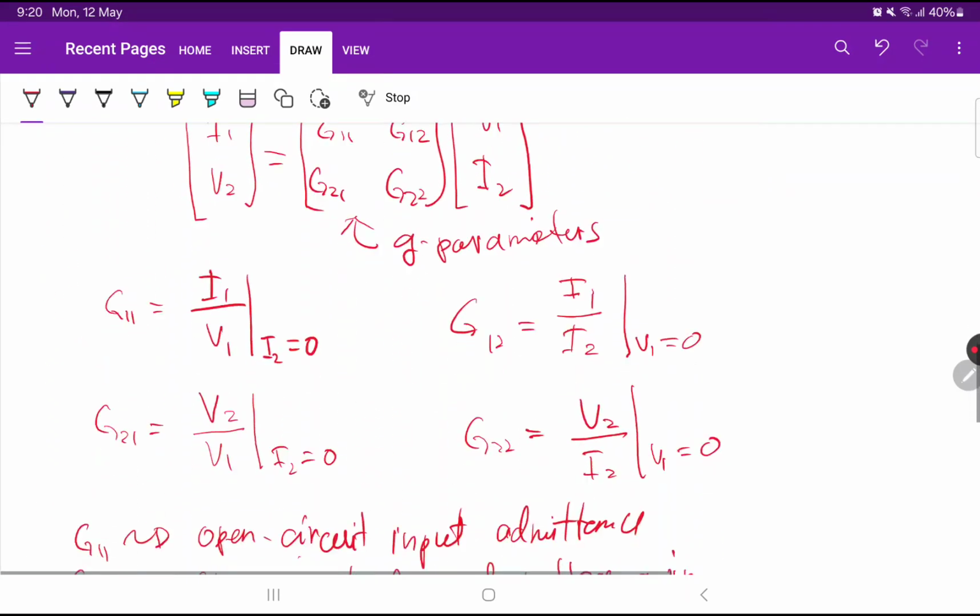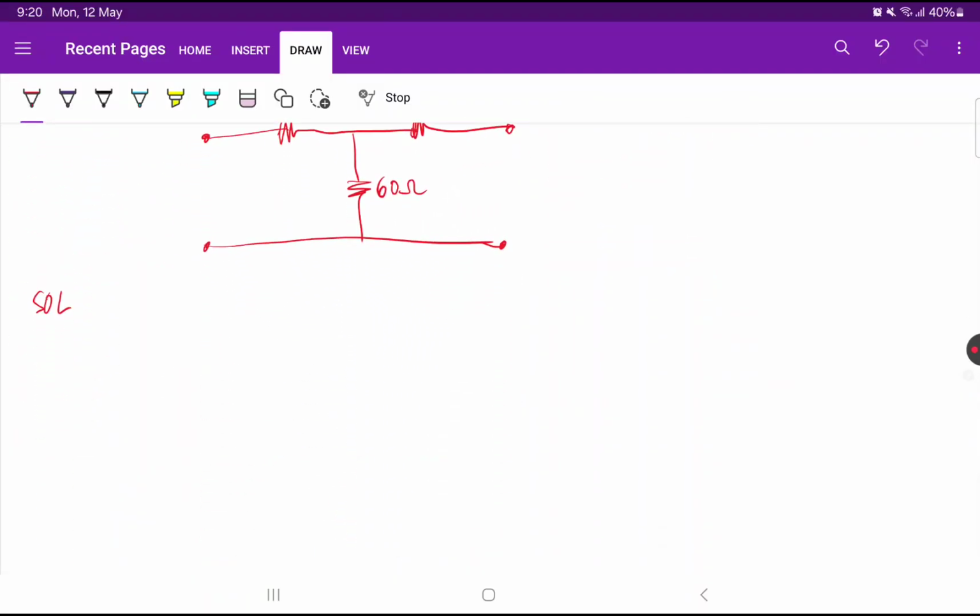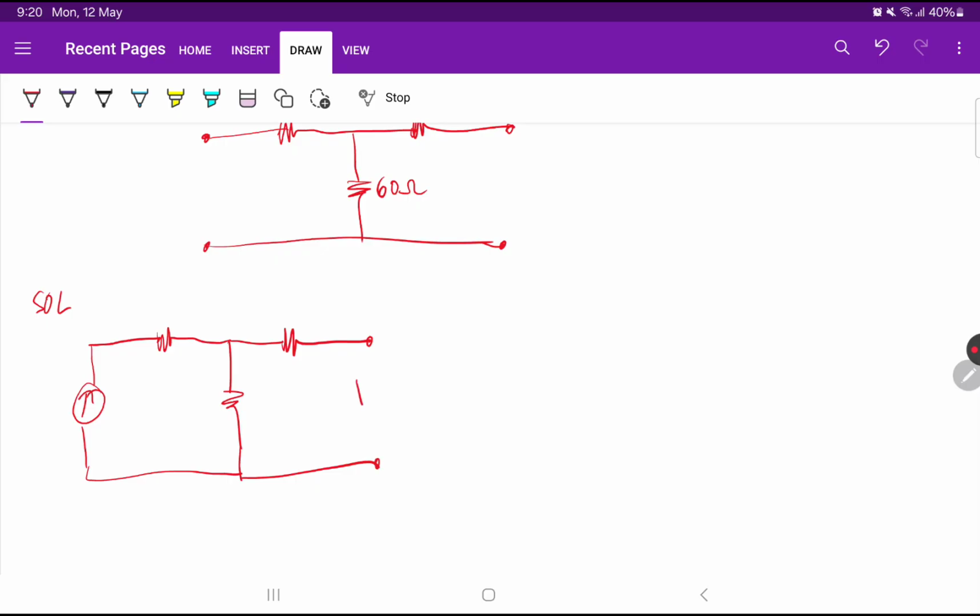We just short circuit our output. And also, we'll be applying a current excitation in the input. Then it will be like this one. So this is the output, this is V2, that's our minus. And in order for that to be equal to 0, we just put a short circuit in that side.